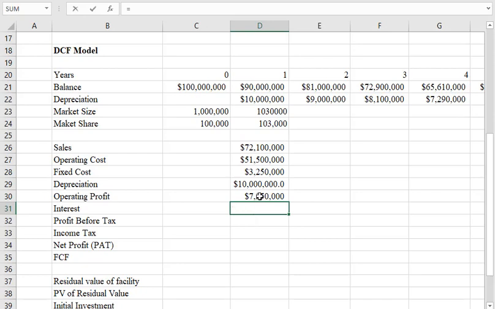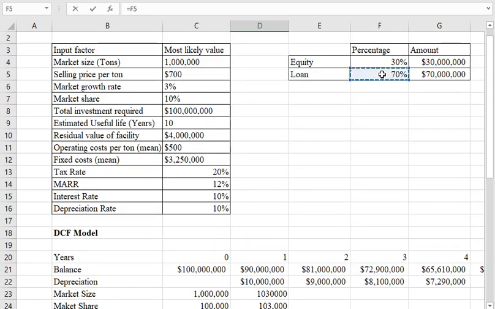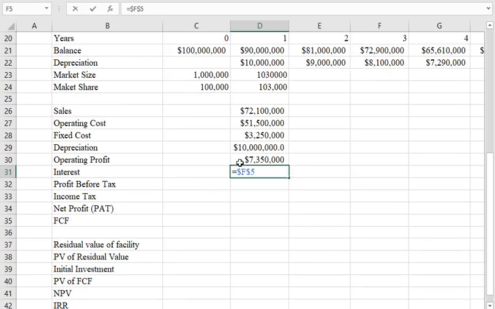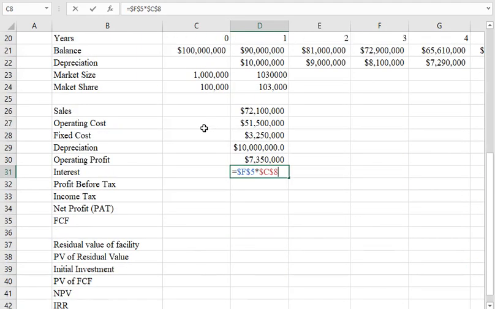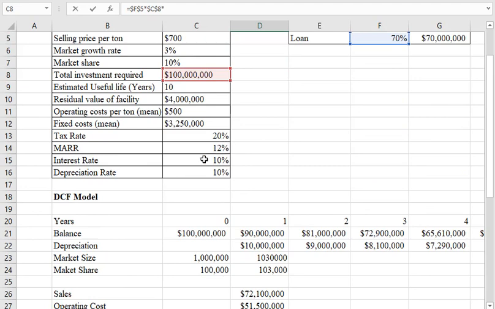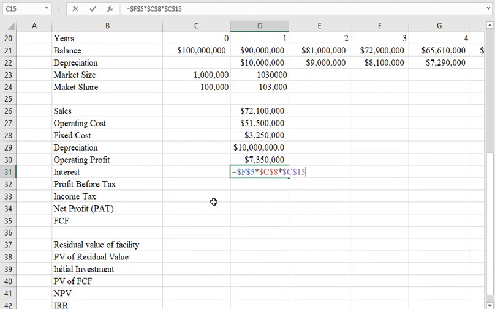Now for the interest, the loan can be calculated as loan percentage, let's fix this loan percentage, times the total investment, that is 100 million. Let's fix this. This will give the loan, and let's multiply this by the interest rate, which will give our total interest. Let's fix this interest rate also.